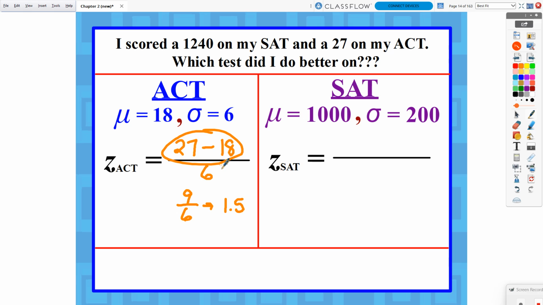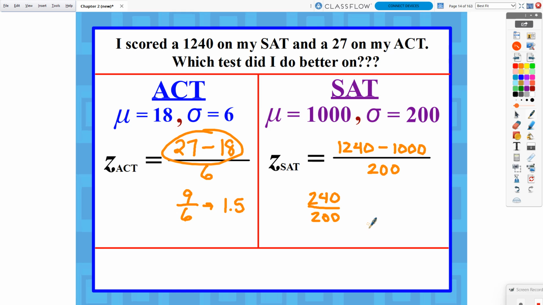All right, let's do the same thing with the SAT score. So I scored a 1240 minus the mean of 1,000. I can see right there, I am 240 points above average. But again, if I want to compare apples to apples, now I'm going to divide by the standard deviation. So 240 points above average, when a standard deviation is worth 200, what does that come out to be?